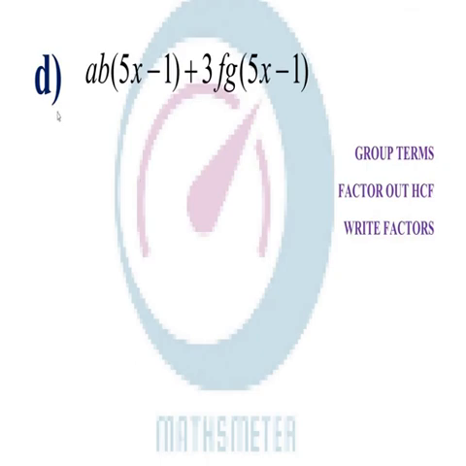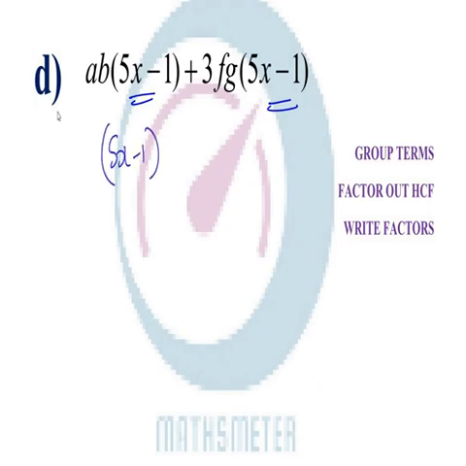Now D. In this case, we could realize that one step of the factorization is already done for us. How do we know that? Because we already have a common binomial, and that common binomial is 5x minus 1. So we have one factor already, which is 5x minus 1.